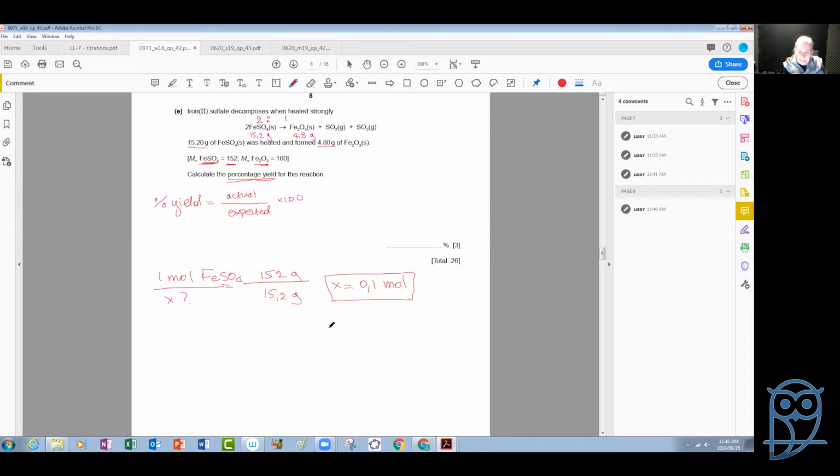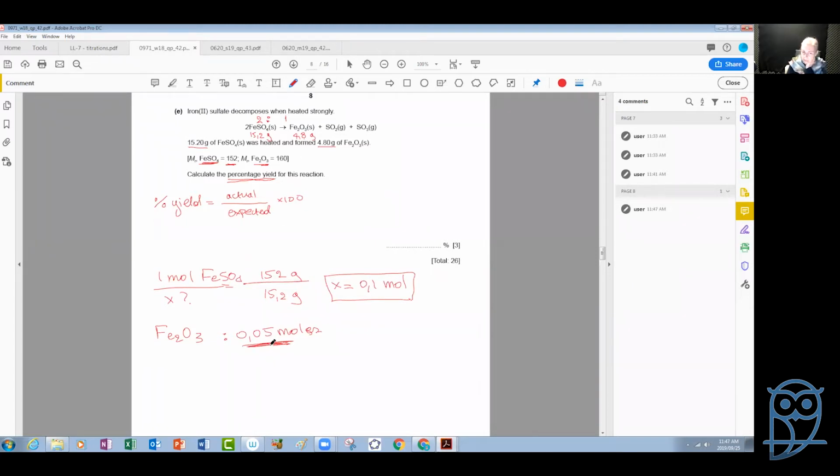So the moles of iron oxide formed is actually half of that, which is 0.05 moles. In our case, this is, in theory, the number of moles of iron oxide formed.